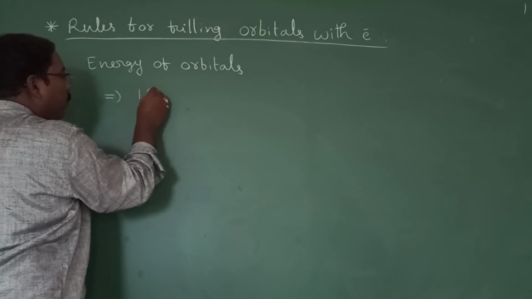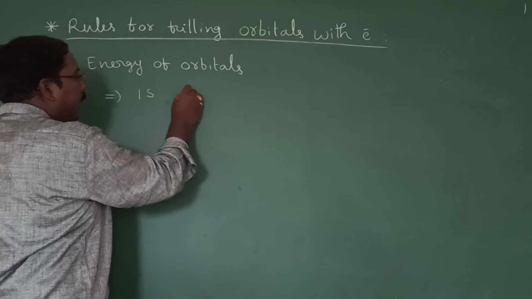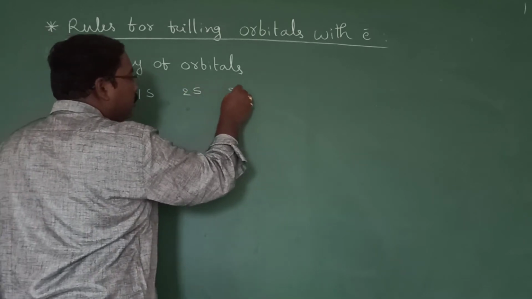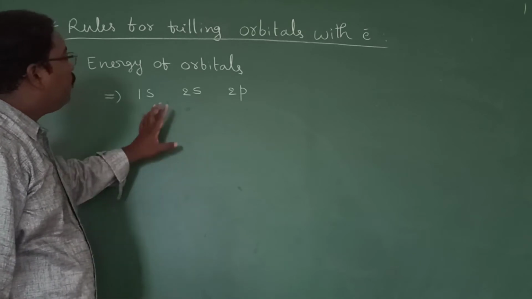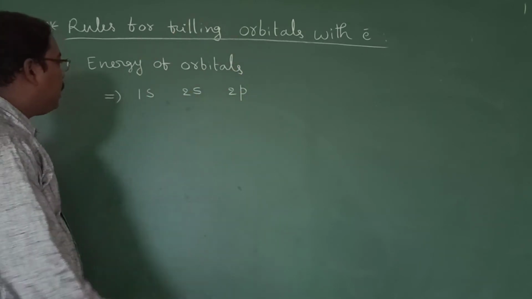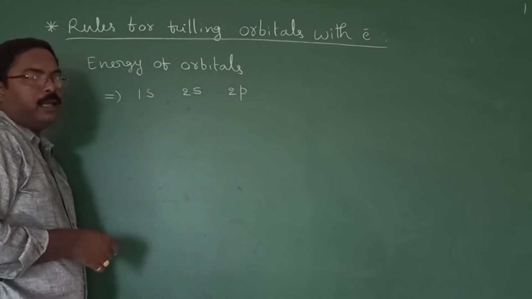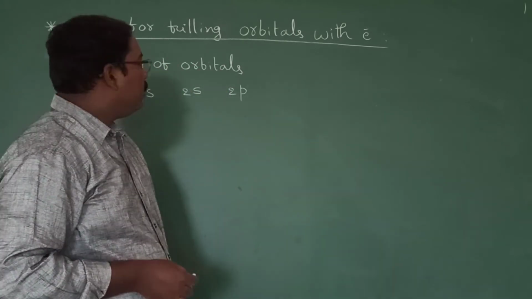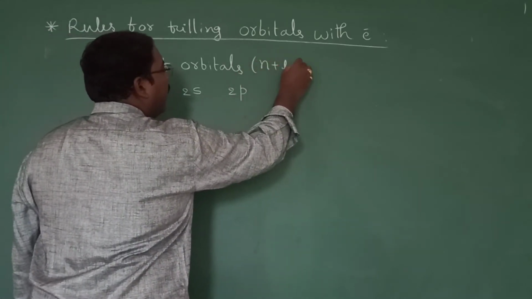For example, in the first orbit we have the 1s orbital, in the second orbit 2s, next 2p. Now to which will the electrons enter first? 1s, then 2s, then 2p. How can we come to know? It depends on the n plus l value.